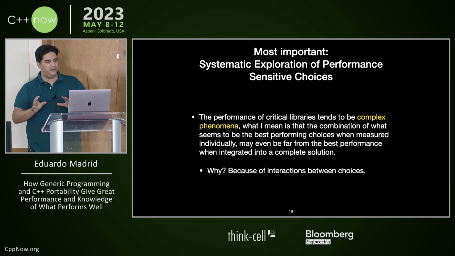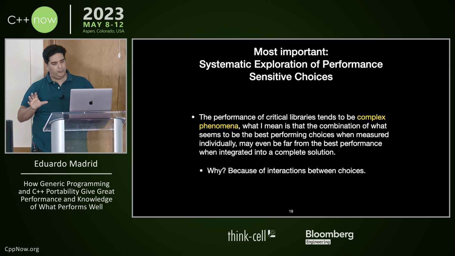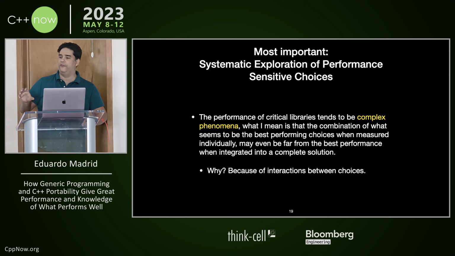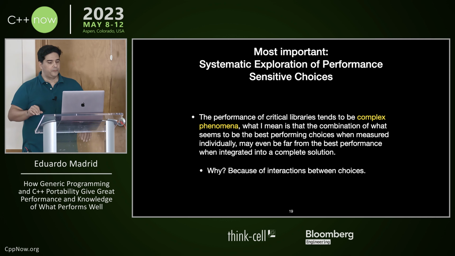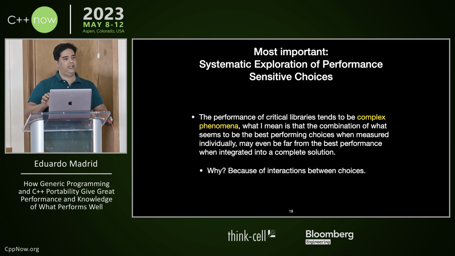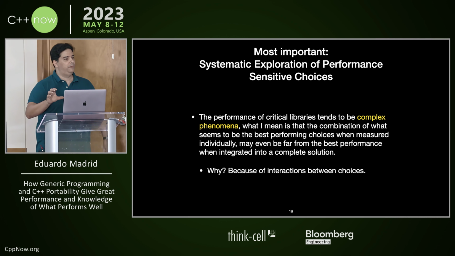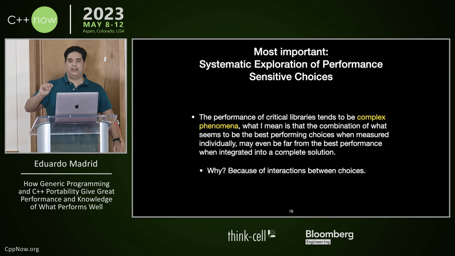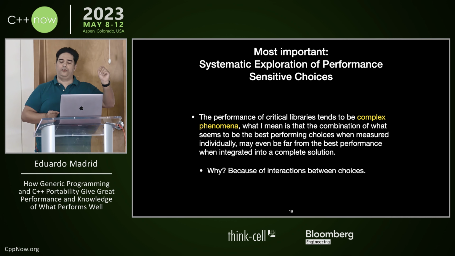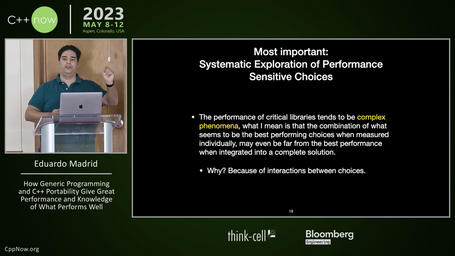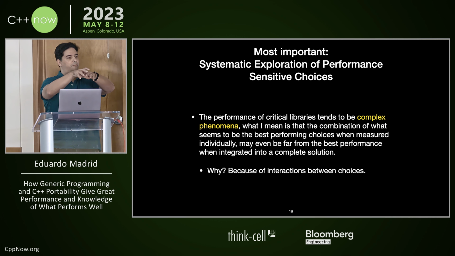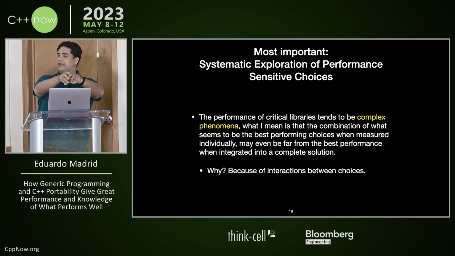Now, I think that the most important way in which generic programming helps performance is that it allows the systematic exploration of performance-sensitive choices. Now, the thing is that performance of a real application is a complex phenomenon. And by complexity here, I mean that if you try to isolate and measure things individually, you're going to have results that very probably are going to be very different to the results of putting everything together into something that does something practical and real, okay?